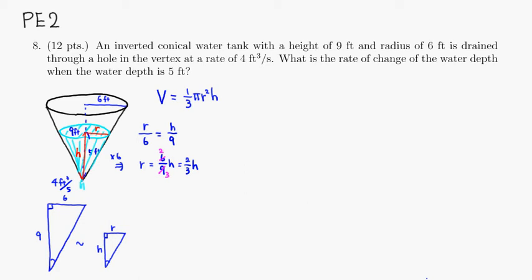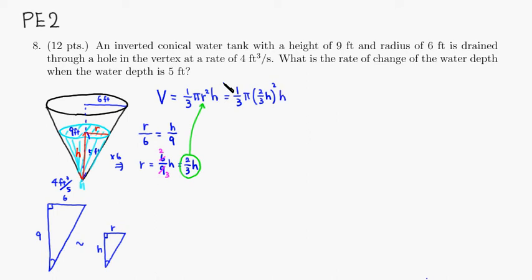Alright, so we can plug this into the formula so that we don't have to use two variables. In this case, we have 1/3 pi, and the radius is the same thing as 2/3 h squared, and then you have another h from here.